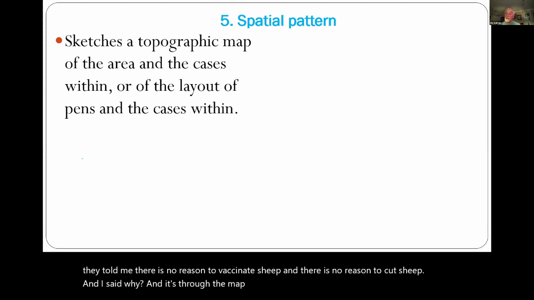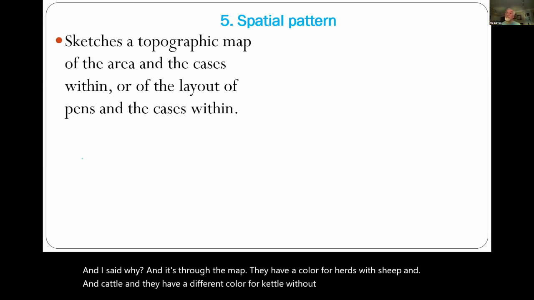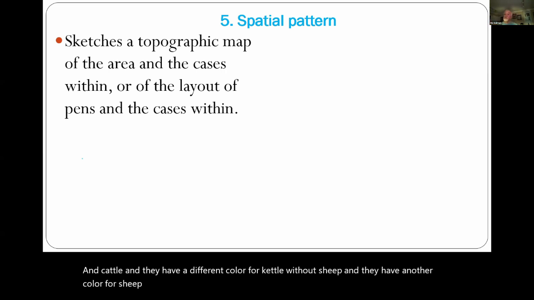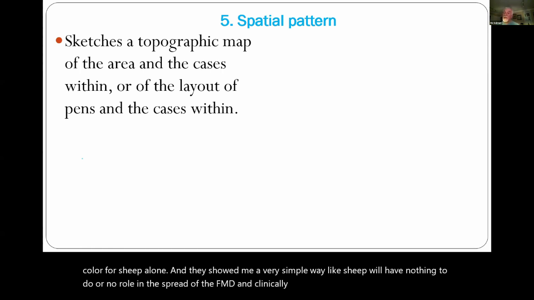They had a color for herds with sheep and cattle, a different color for cattle without sheep, and another color for sheep alone. And they showed me in a very simple way that sheep had no role in the spread of the FMD, and clinically, they did not show any clinical signs.